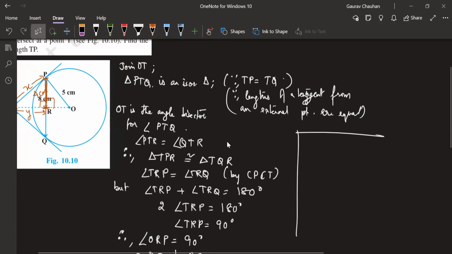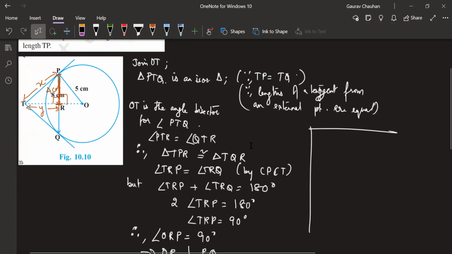Let's take triangle TPR. That's a right triangle TPR. In right triangle TPR, or you can write in right triangle TRP, just to keep the right vertex in the center.